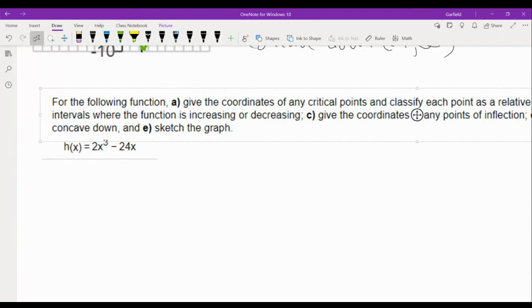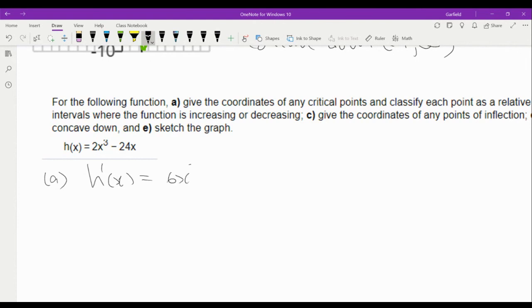We're on time, 7 minutes. Probably cannot finish this problem in 7 minutes, but let's get started. How do we find critical numbers? The first derivative, right? So we take the first derivative and we set it equal to 0.